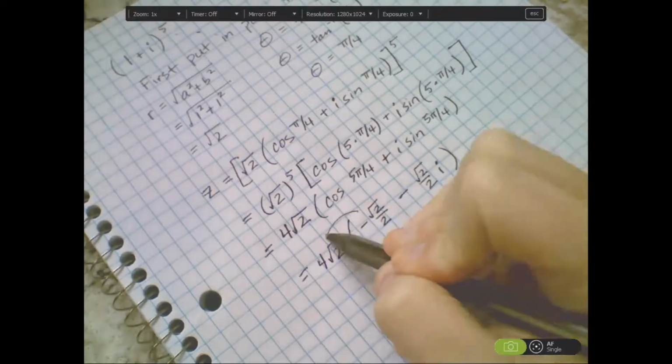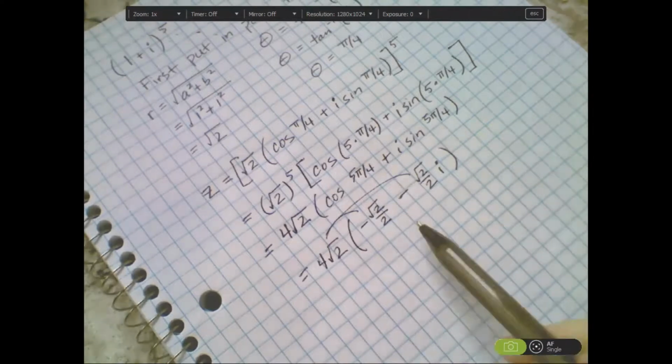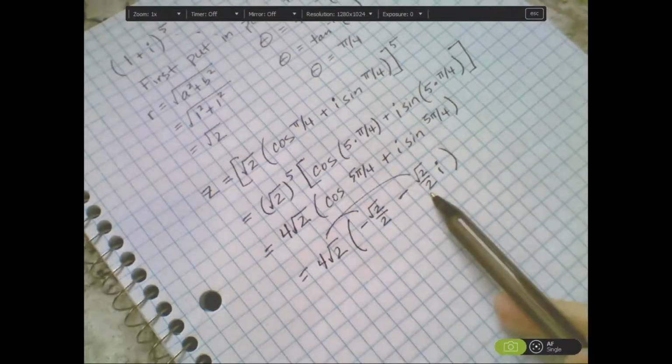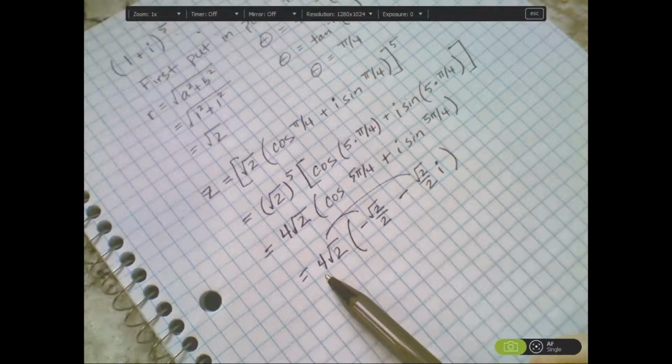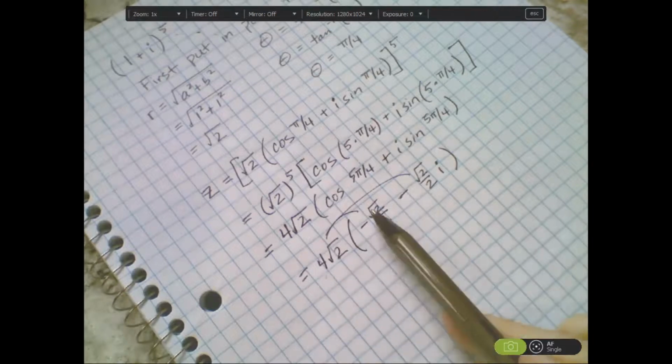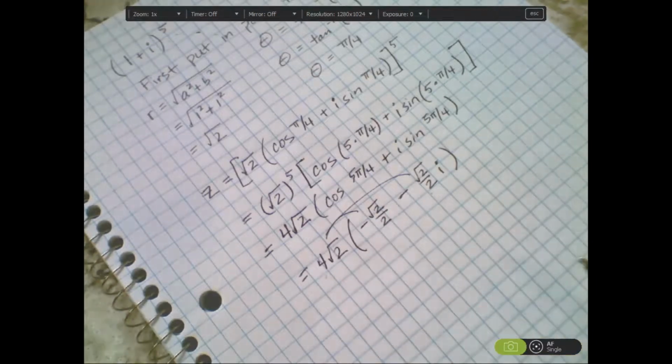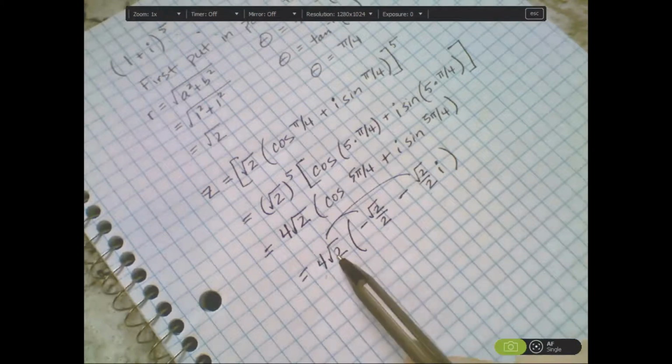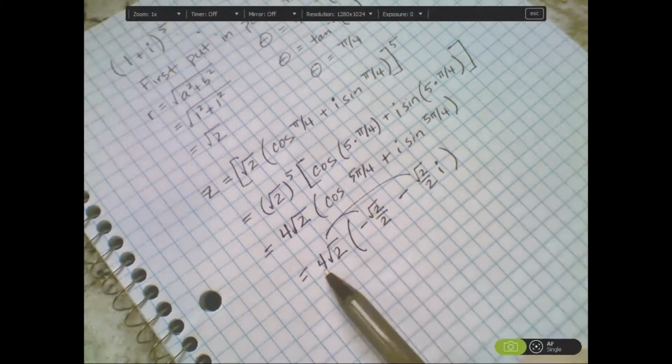And then we're going to have to distribute this. So the 2's in our denominator, we're going to be able to simplify with the 4. This root 2 times that root 2 is just going to make 2. So if we do all of our simplifying, this is going to make a 2, this is going to also make a 2.